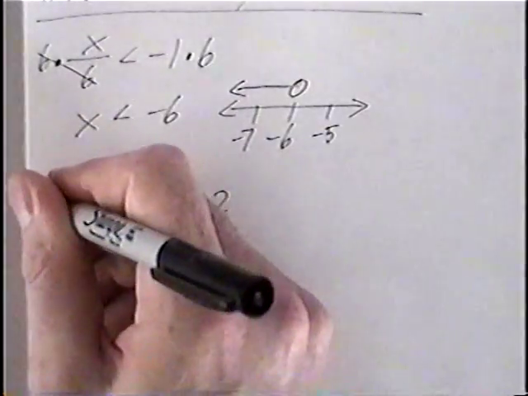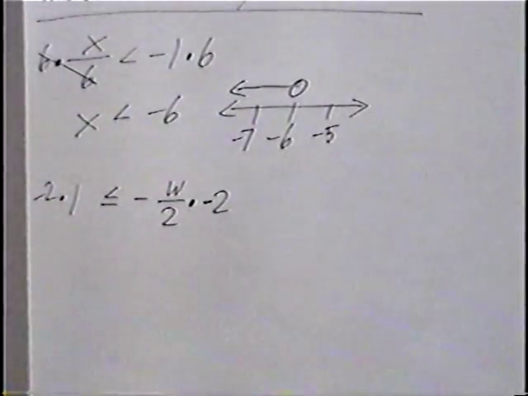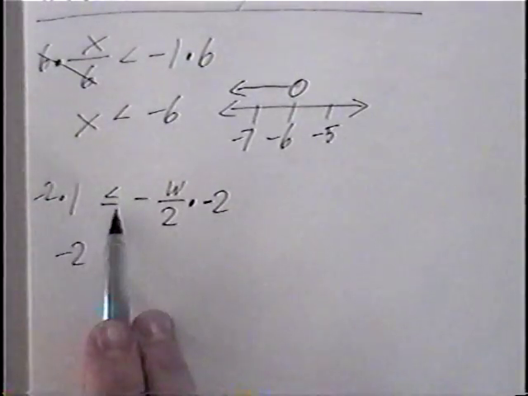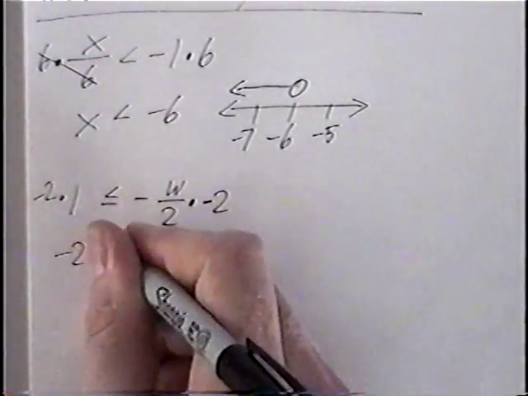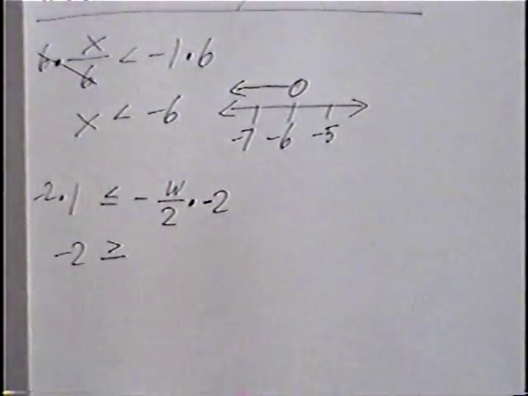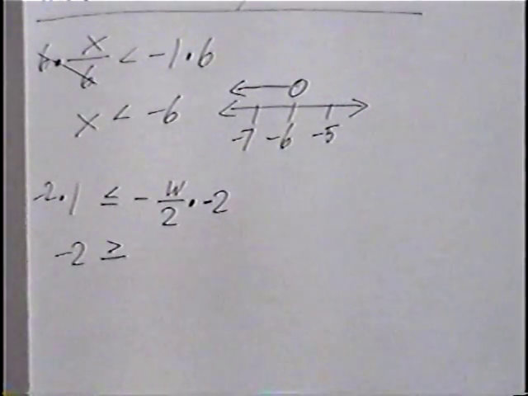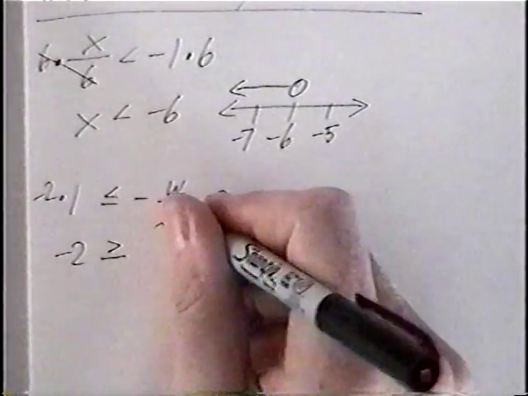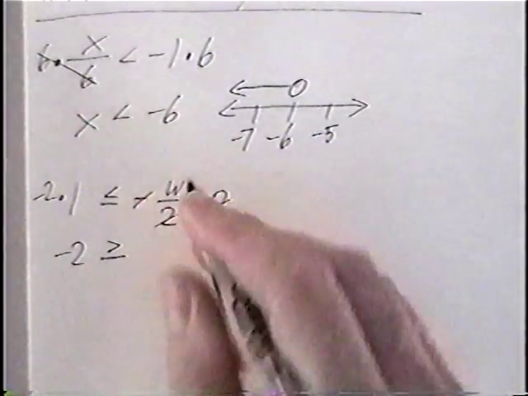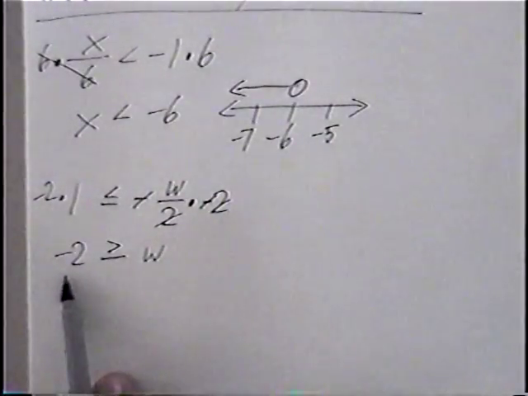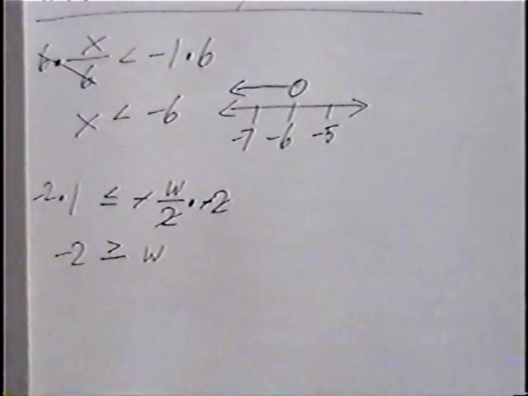And we'll do that on both sides. -2 times 1 would be -2. Just like when we're dividing, if we multiply by negative, the inequality will also switch around. Anytime you multiply or divide by negative, the inequality will flip. The 2 will cancel, the negative will cancel, and it'll be left with w. So we'll have -2 is greater than or equal to w.